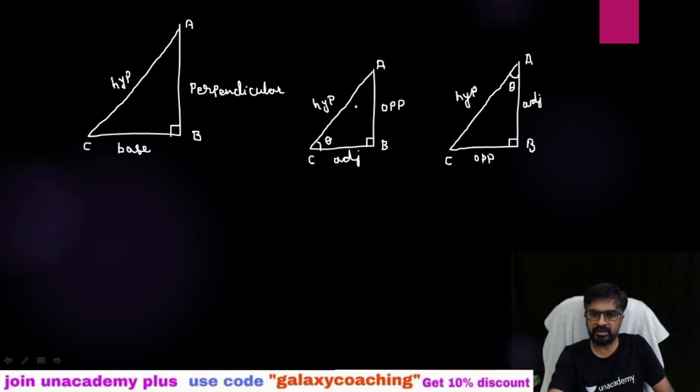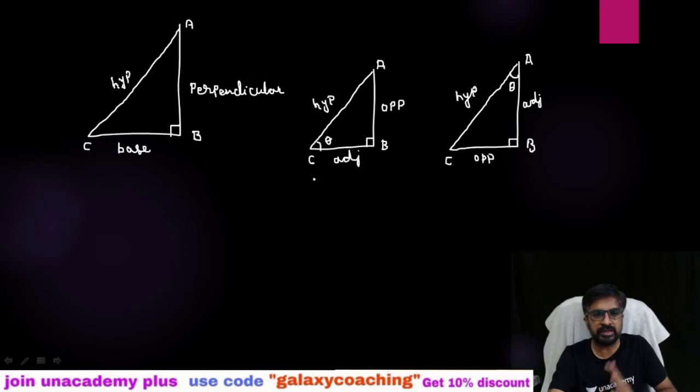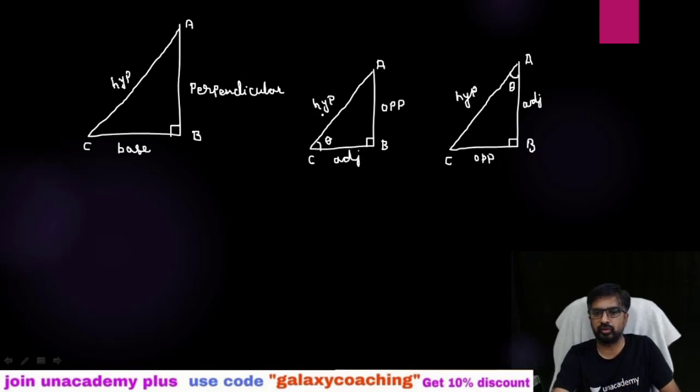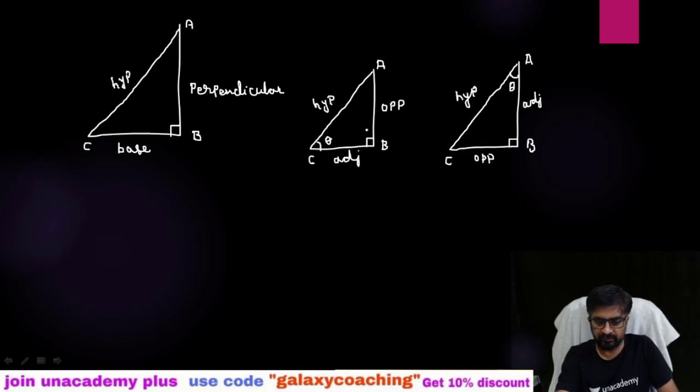So now you can see, I have given the names opposite, adjacent, hypotenuse. In one triangle how many sides are there? Three sides. So with the help of these sides we can find different ratios of sides. How? If I divide these two sides, opposite by hypotenuse, I will get one ratio. Let me write it down, and I will give that ratio the name sine.